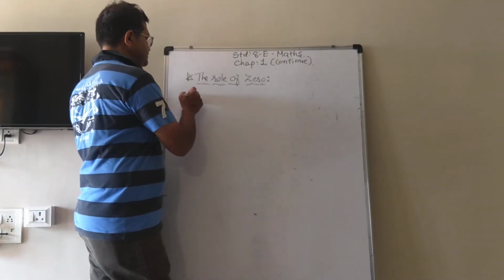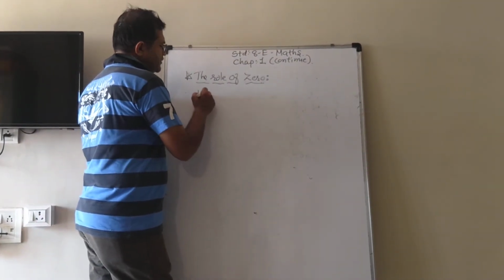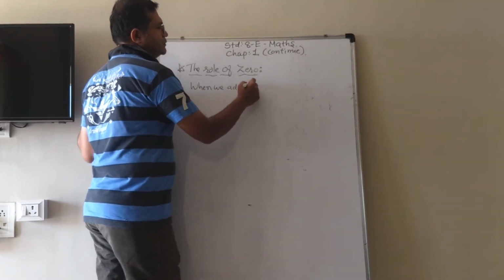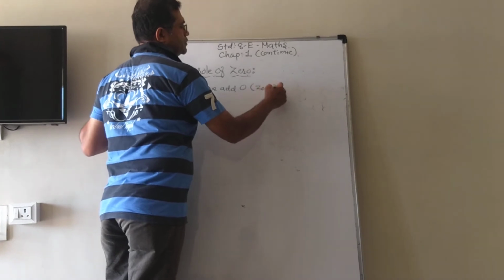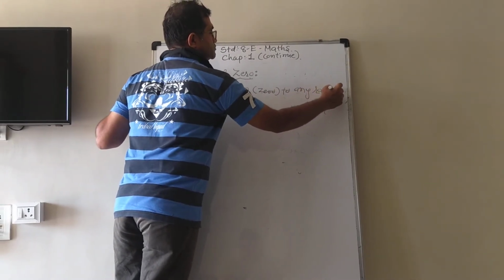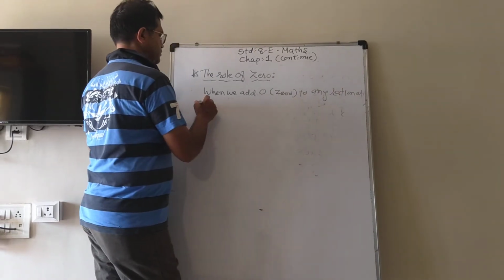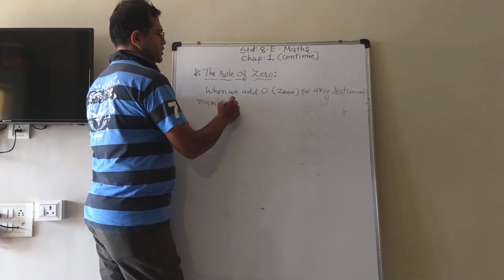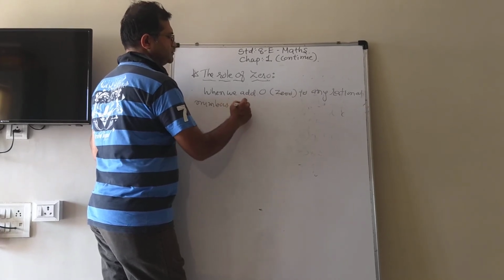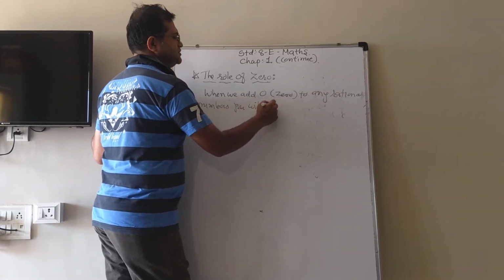We can write down, when we add 0 to any rational number, you will get the same number.